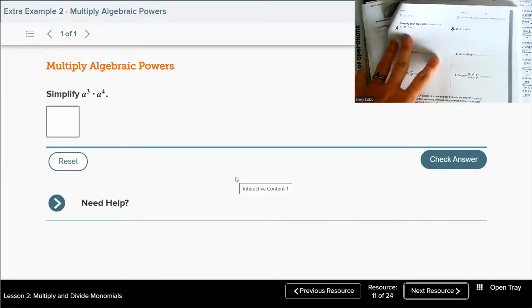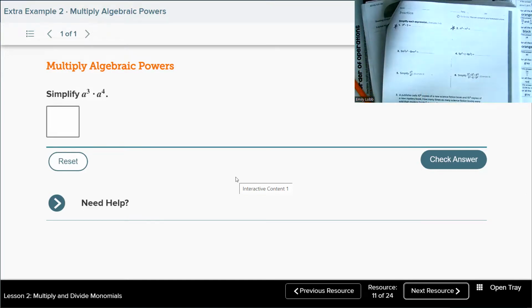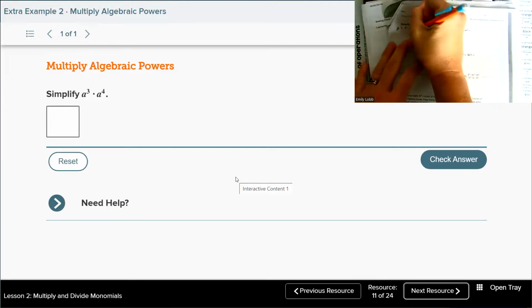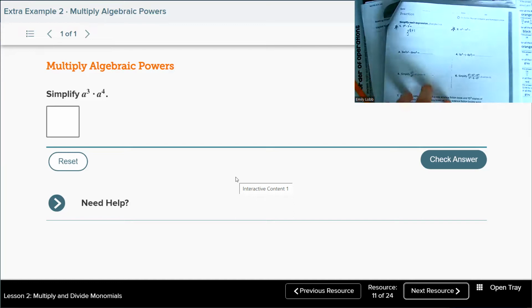All right. So the first one, what exponent is this base of 3 raised to? Which exponent is this 3 raised to? 1, right? So this is 3 to the 8 plus 1. What's 8 plus 1? 9.